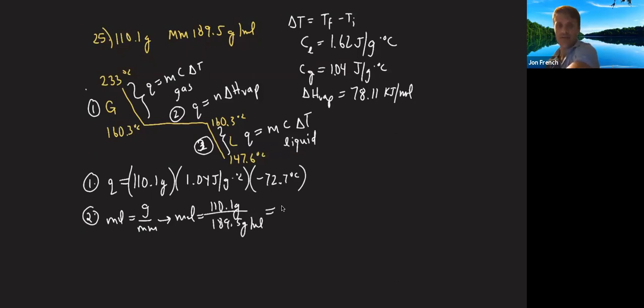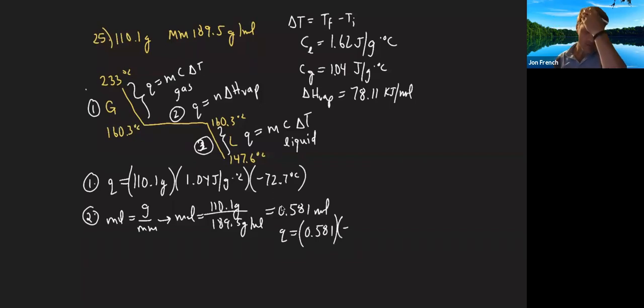I divide and get about 0.581 moles. Then Q equals my number of moles, 0.581, times my heat of vaporization.